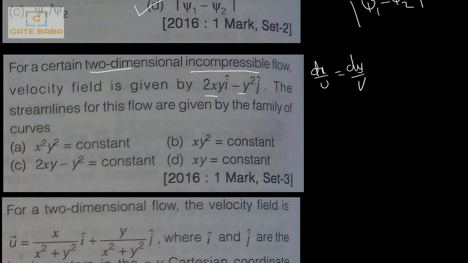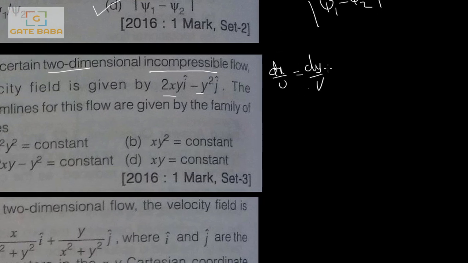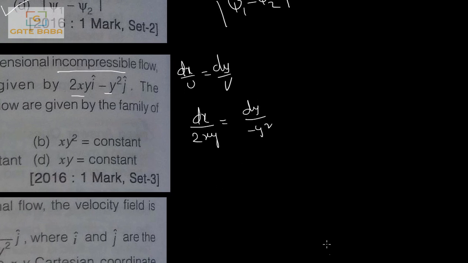No need to take the dz by w component, only two components, u and v. So dx by 2xy equals dy by minus y square. From this, one y gets cancelled. That will be dx by 2x equals minus dy by y.